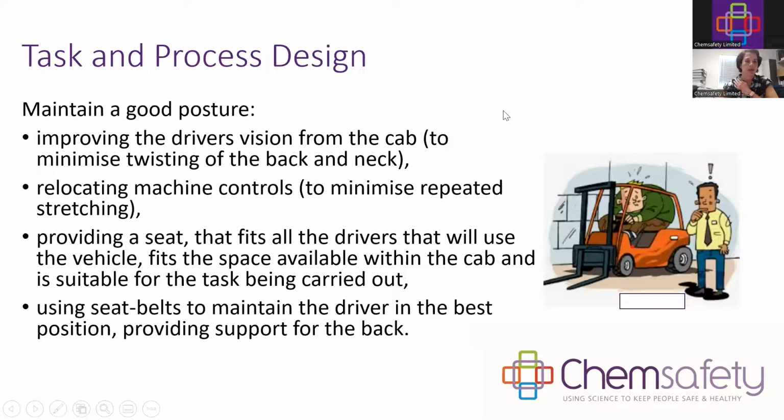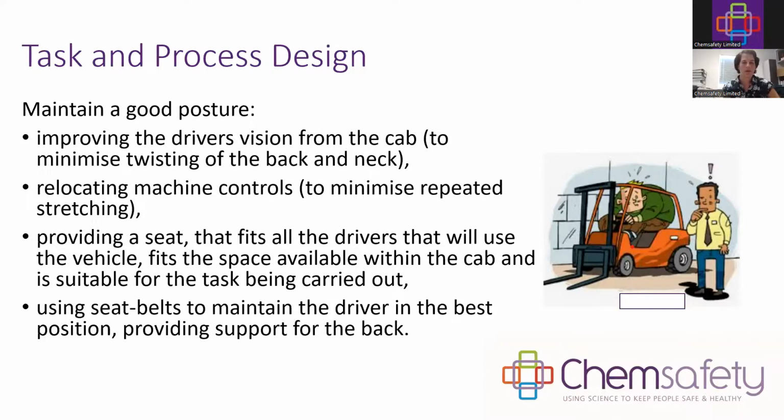Okay, and then you want to maintain a good body posture. So improve the driver's vision from the cab to minimize the twisting of the back and neck. So providing forklifts with rear view mirrors can help a lot, or even convex mirrors throughout the warehouse can help to reduce the risk of repetitive motions to see where you're going.